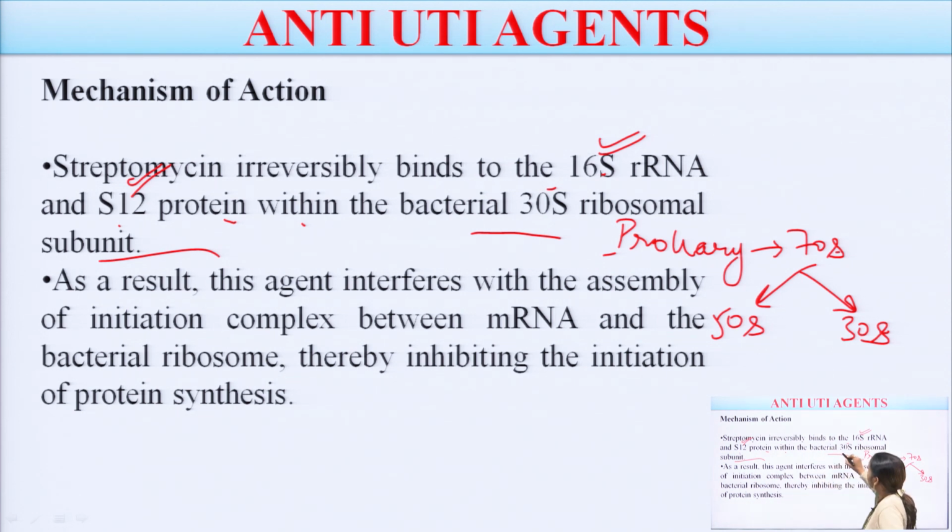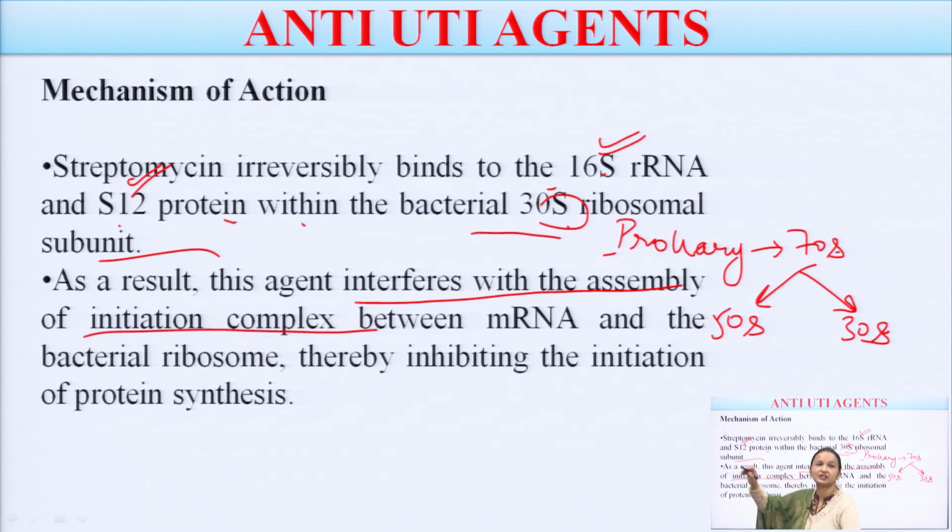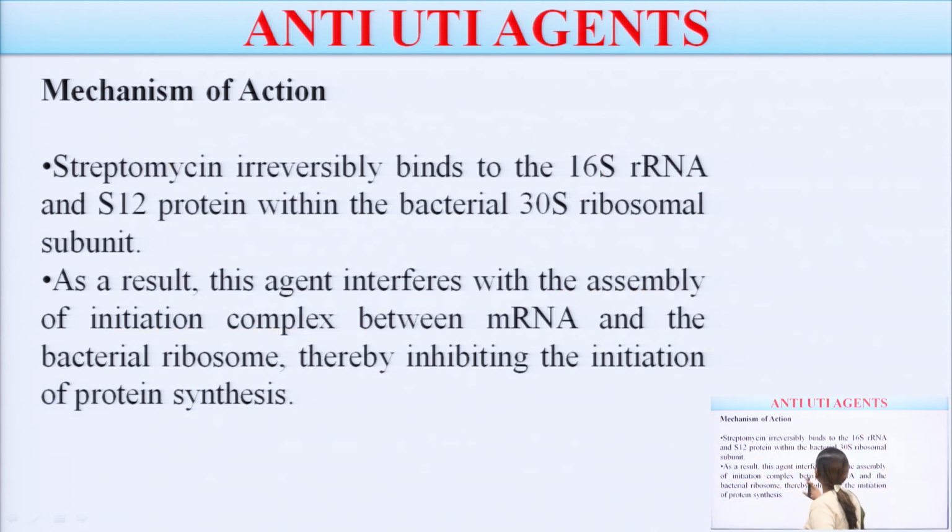If this agent binds to the 30S ribosomal subunit, it will interfere with the assembly of the initiation complex which forms between mRNA and the bacterial ribosome.